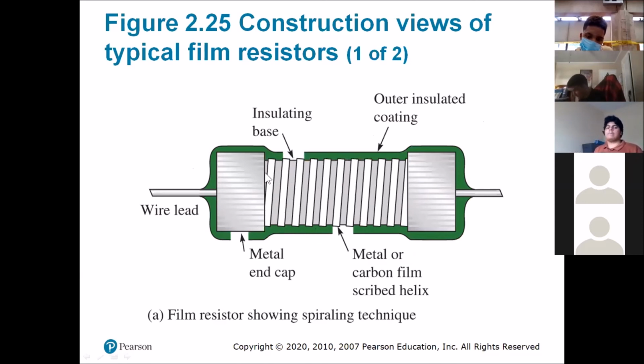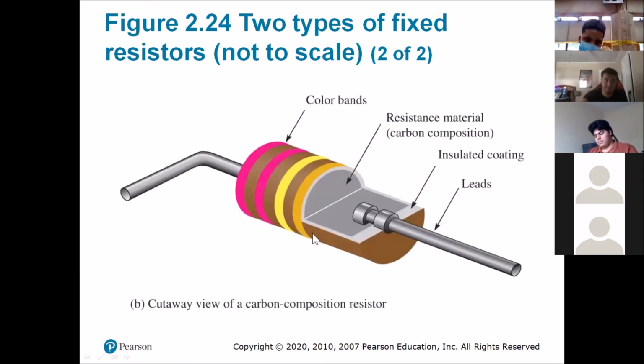So we've got a spiral of the carbon or metal that goes around from one end to the other, and that's where we put the connections on either end. These are called metal or carbon film resistors. These are becoming more and more popular for some advantages over carbon composition. For years, carbon composition used to be the way we made resistors.